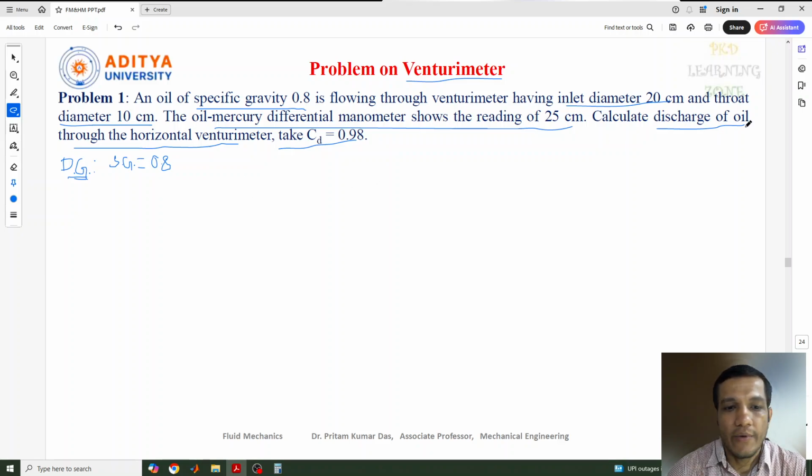So inlet diameter we can write D1, or dia of inlet, that is 20 centimeter, or we can write 0.2 meter. Any one thing we can keep. If you want to continue with centimeter, you can continue all the things in centimeter, or if you want to change its unit to meter, then you can continue everything in meter. And this is one liquid which is flowing through the Venturimeter.